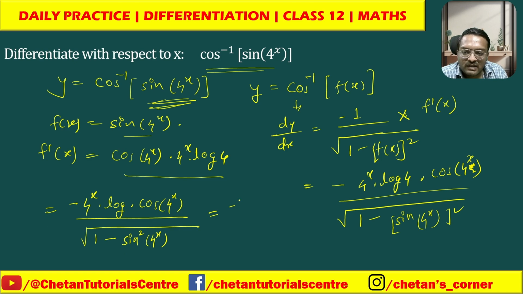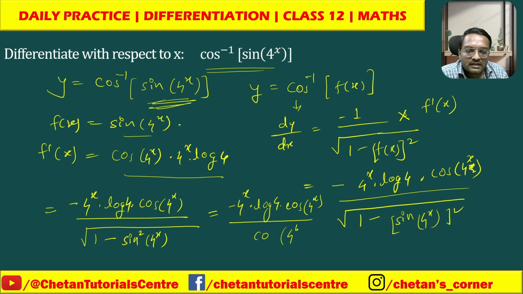On further solving this, minus 4 raised to x into log of 4 into cos of 4 raised to x will be divided by this 1 minus sine square will become cos square 4 raised to x, and this cos square 4 raised to x will be written under root. So after taking cos 4 raised to x bracket square outside the root, then what will we be left with?